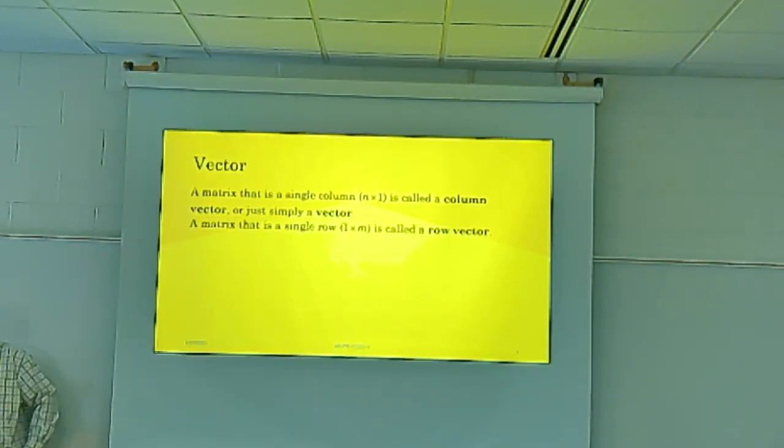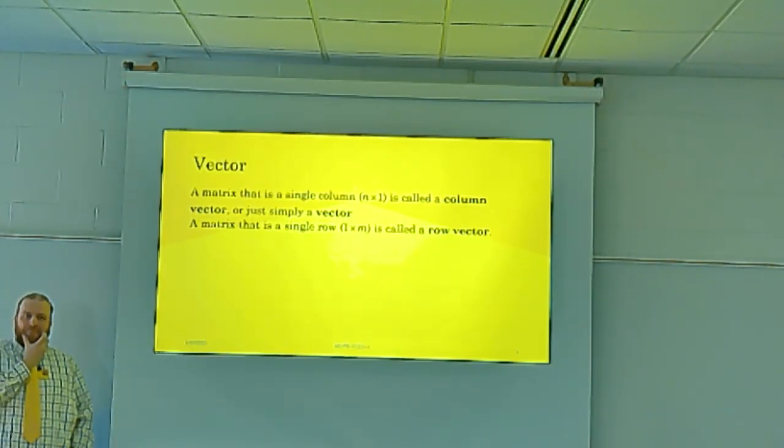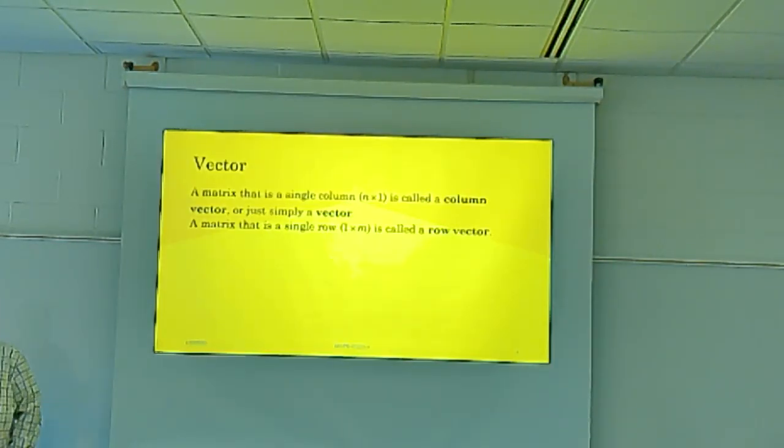There are also row vectors. So 1 by n would be a row vector.